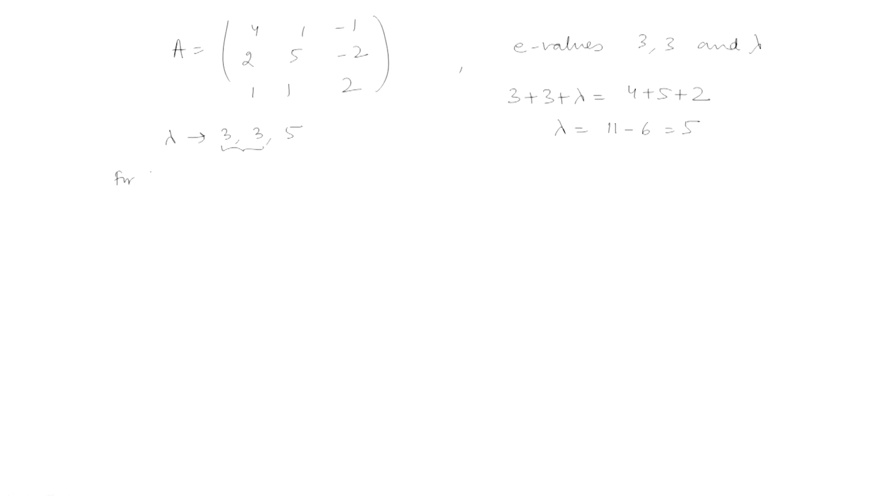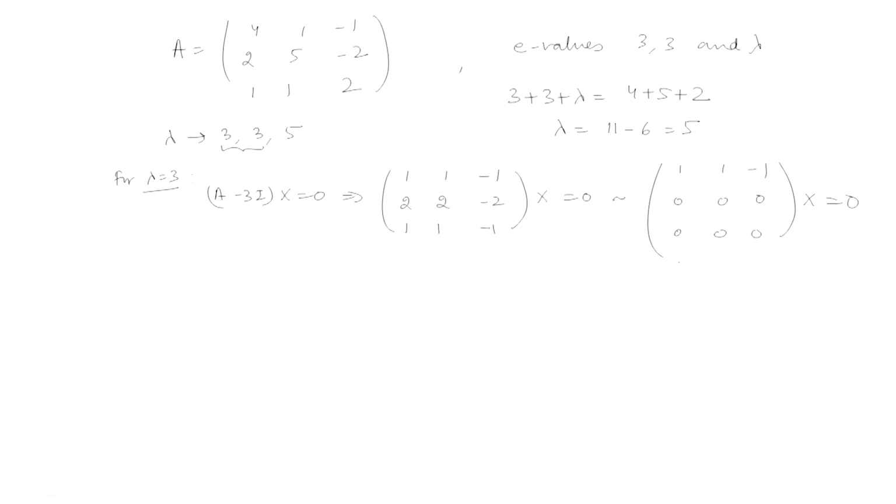So, for lambda equal to 3, it is A minus 3 I times x equal to 0, and this implies [1 1 minus 1; 2 2 minus 2; 1 1 minus 1] x equal to 0. When we convert into echelon form, we can easily see that it is 2 times this and 1 time this, so it is [1 1 minus 1; 0 0 0; 0 0 0] x equal to 0.